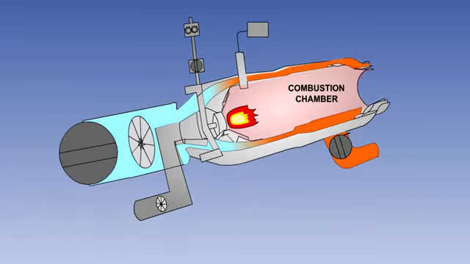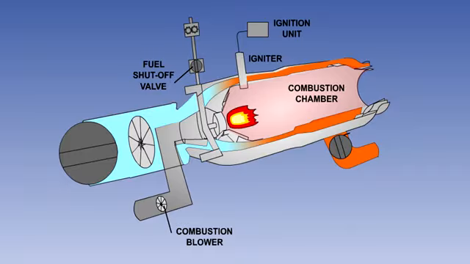It works by burning a fuel-air mixture within its combustion chamber. Air for combustion is supplied by a fan or blower, known as the combustion blower, and the fuel is supplied via a solenoid-operated fuel valve. The flame is lit by an ignition unit controlling an igniter.